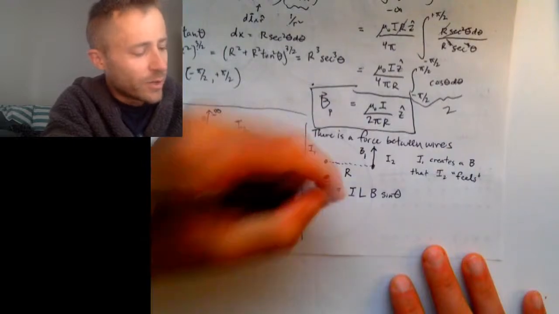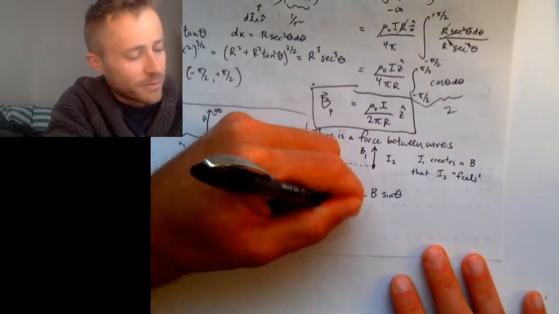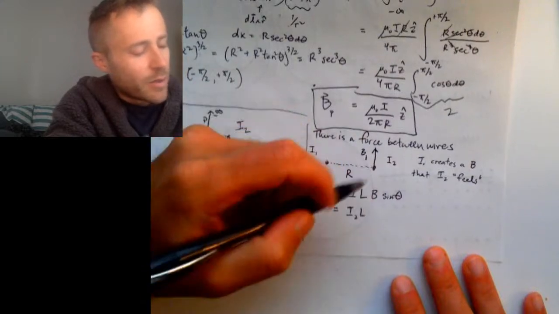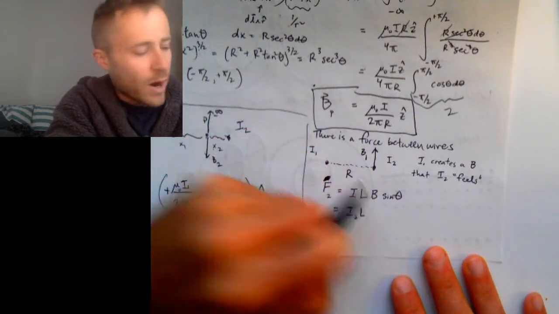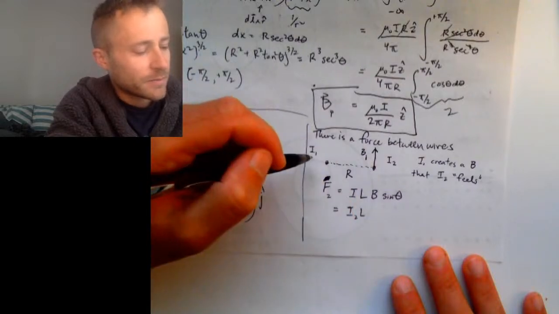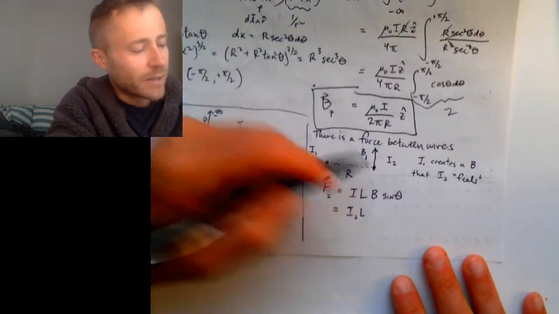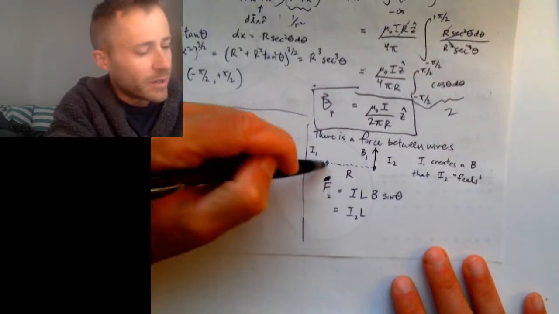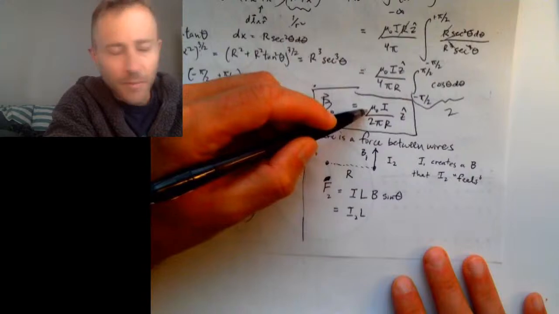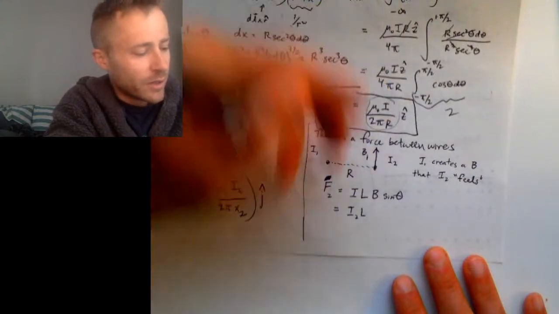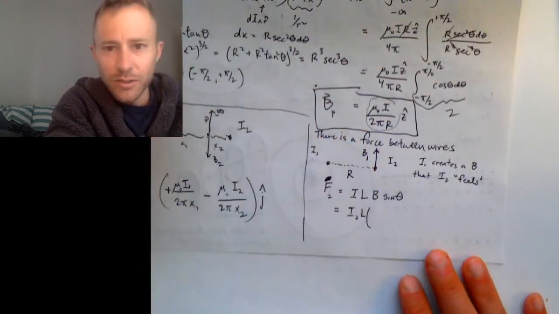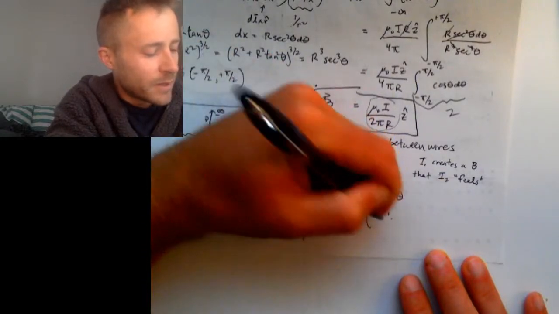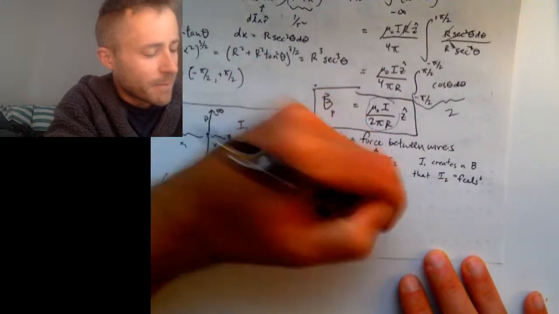All right? Now, wire 2 carries an amount of current, I2. It has a length, which we'll call L. The magnetic field that wire 2 experiences is the magnetic field generated by wire 1. And we know that that magnetic field is given by this expression. So the magnetic field it experiences is mu naught I1 over 2 pi r.